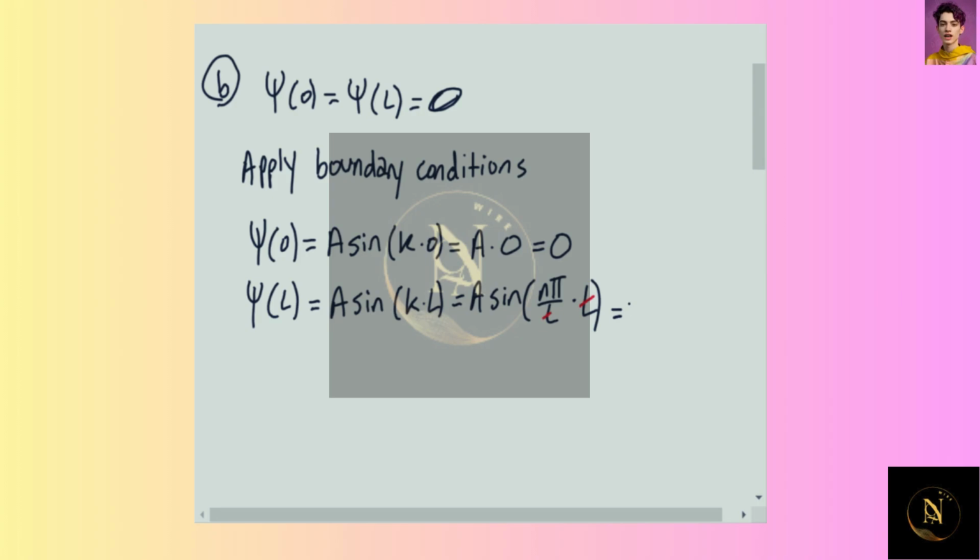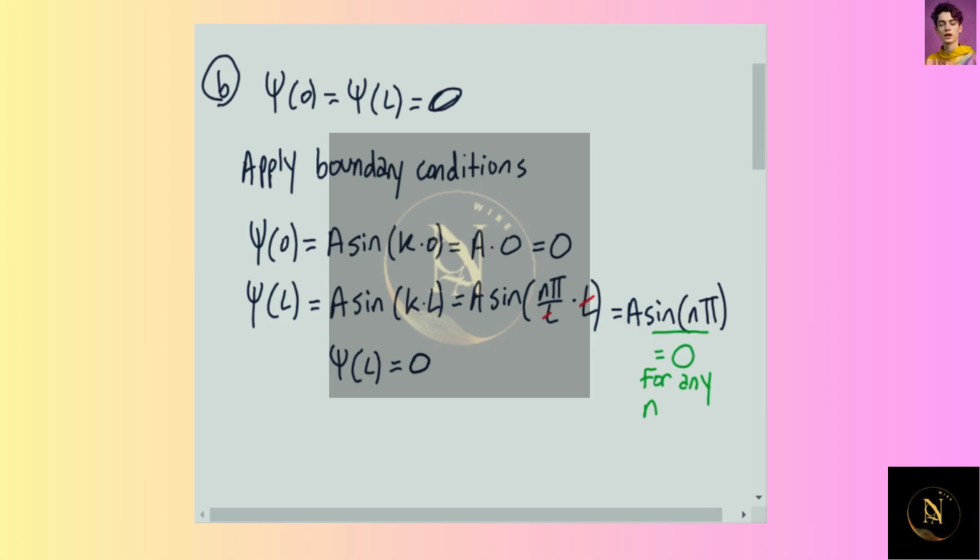And so now we have a sine of n pi. So sine of n pi is going to be 0 for any n that's an integer. So our psi of L is also equal to 0.